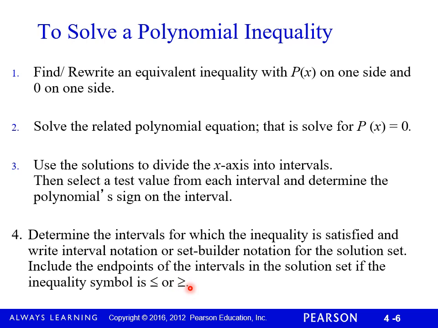So if it said greater than or equal to 0, we would include it. If it just said greater than, we would not. And that's all this number 4 is saying. So remember, when we're using interval notation, if we're including it for these symbols, we use the square brackets, and if it was just greater than or less than, we would use parentheses.